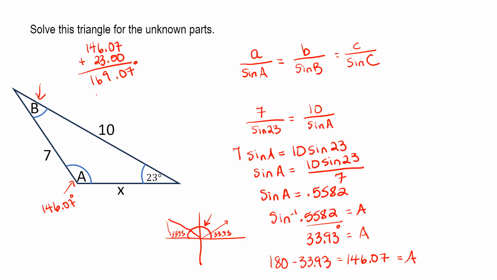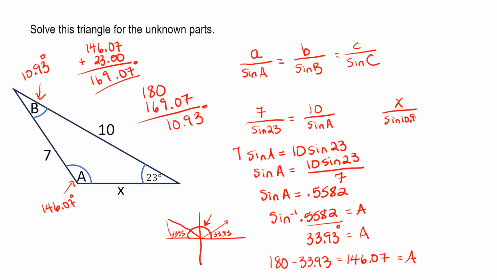And we know that B is still left, so that's the final angle. To find that, we will subtract this from 180 because the angles inside of a triangle all add up to 180. So 169.07, subtract that, and you get 10.93 degrees for B, and you can use that to find X. So over here, we will say that X over sine 10.93 is equal to 7 over sine 23.